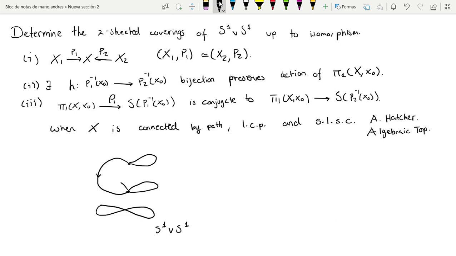And this one, right? Like this. This is our covering. Oh no. Let me draw it in the right way. See? And like this. Right? So this is our covering.